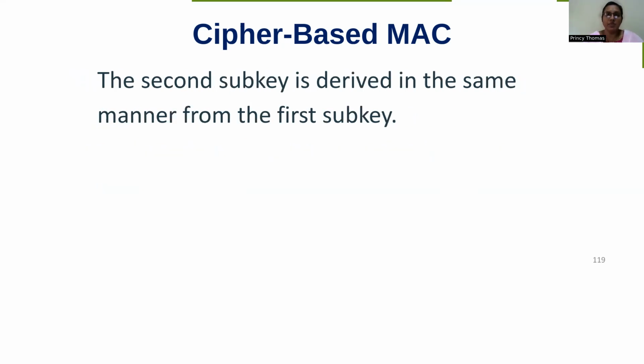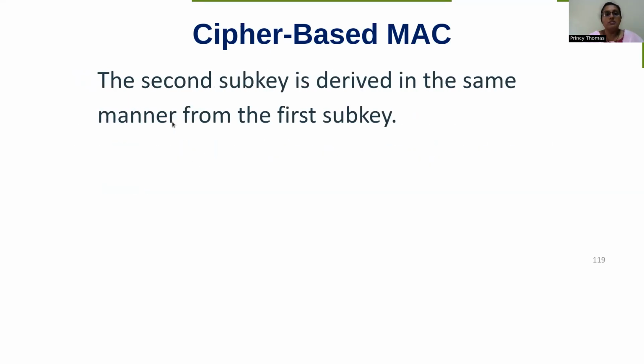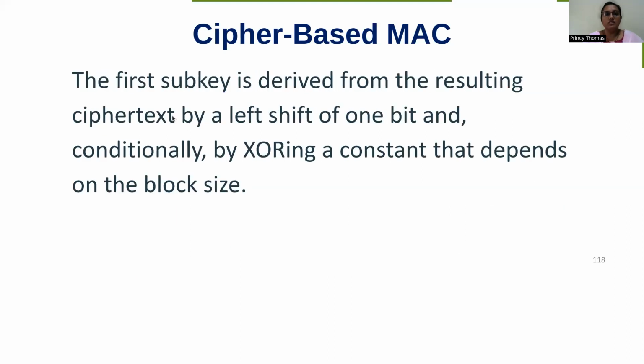The second subkey is derived with the same steps, but the input is not the 0 block. The first subkey, K1, is given as input to the encryption. Its ciphertext is obtained as output, and then that ciphertext is left shifted by 1 bit and XORed with a constant to get K2.